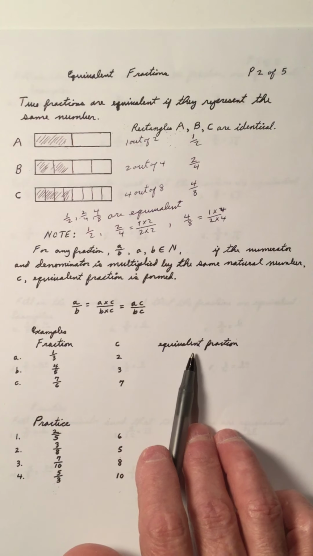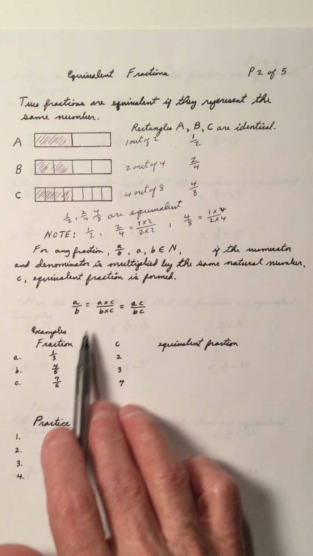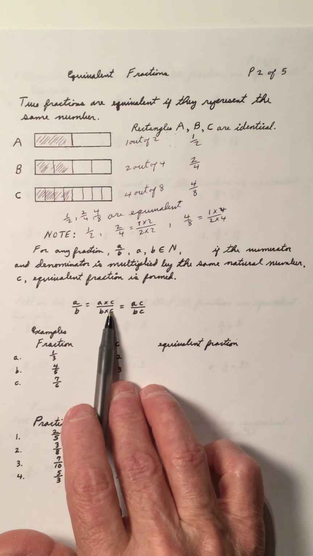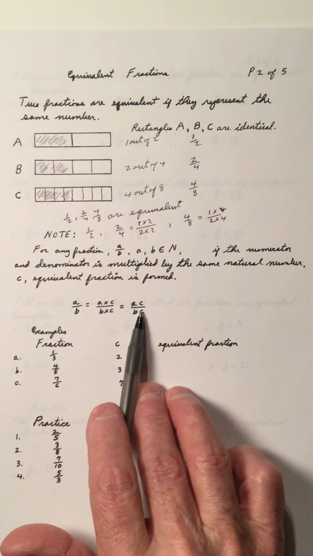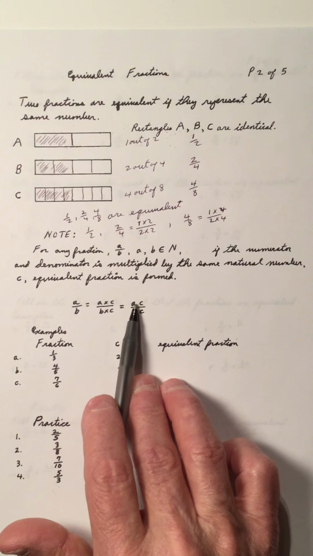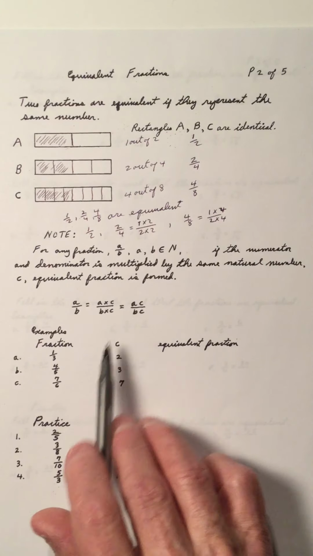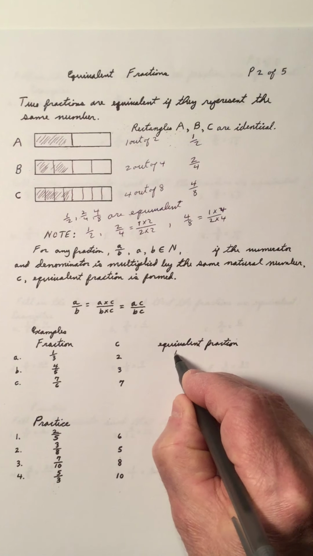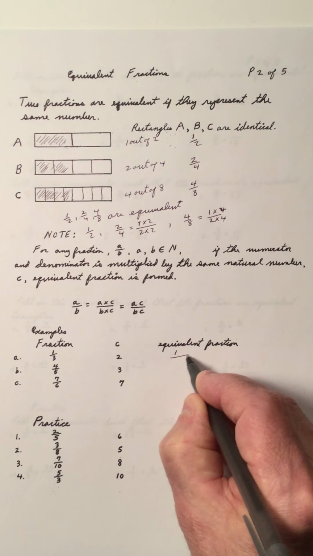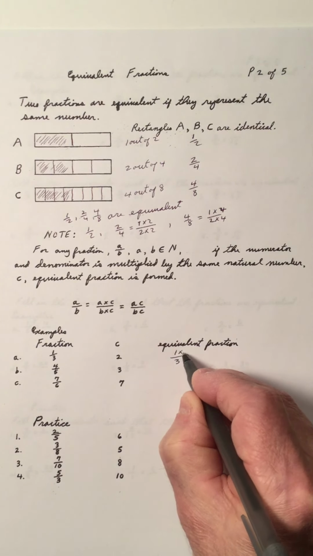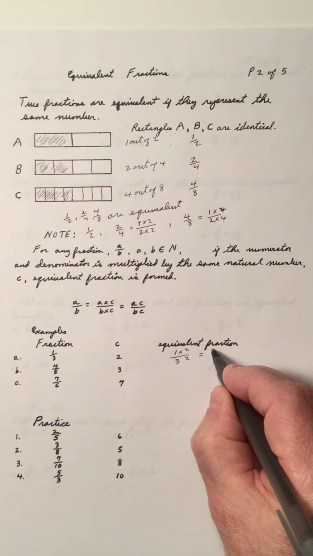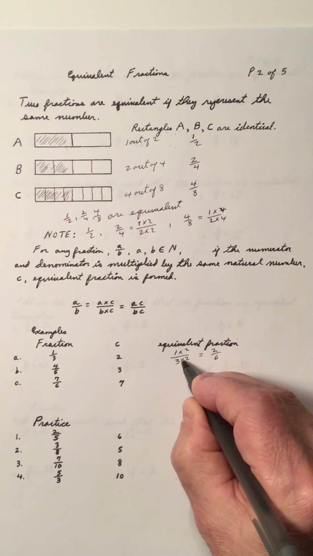So let's look down below and take a over b and multiply it by c over c. So we get ac over bc. This is another way to write down multiplication. So if I take 1 over 3 and multiply by 2, my natural number, I'll get 2 over 6.